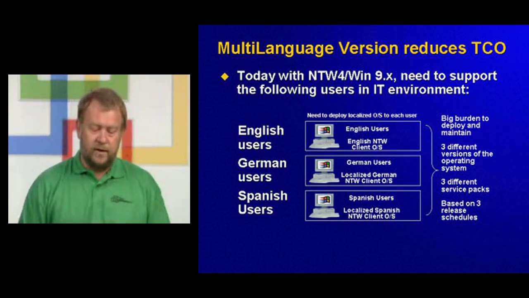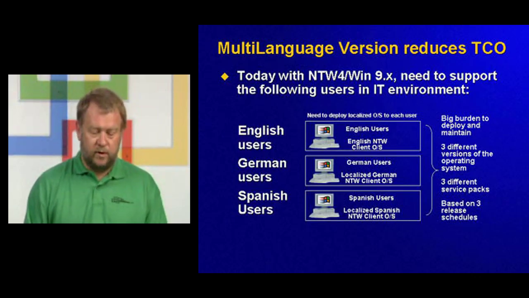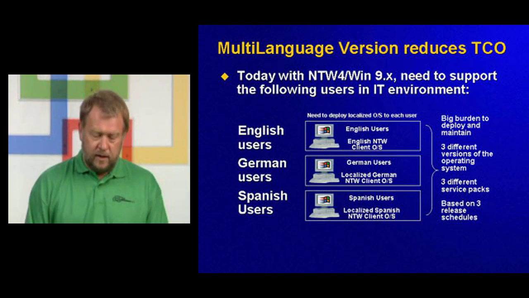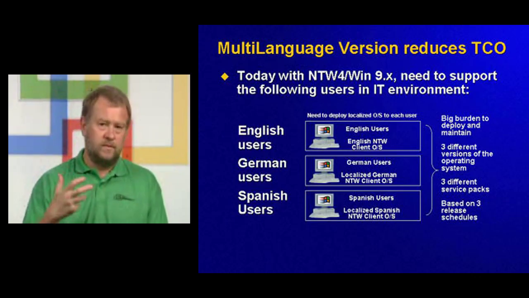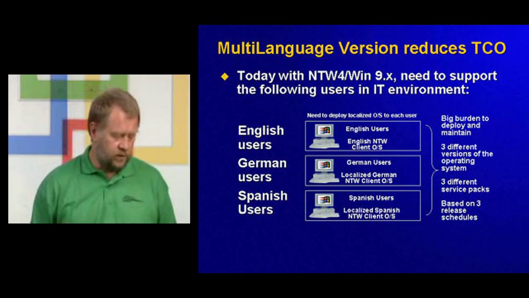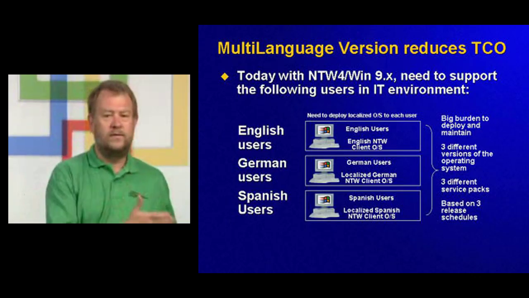If you think back to the good old days of NT Workstation 4.0 or Windows 95 or Windows 98, when you had a mixture of users from various countries with various language needs, you basically had to deploy a different system for each one of them.